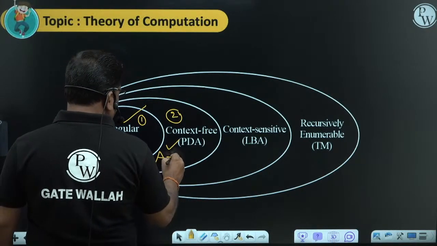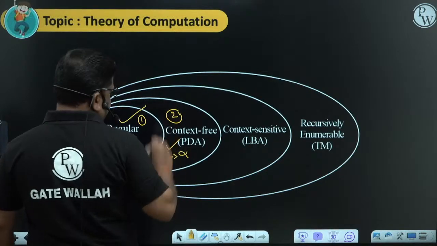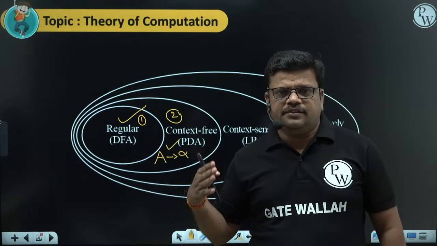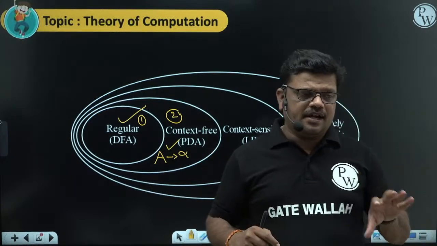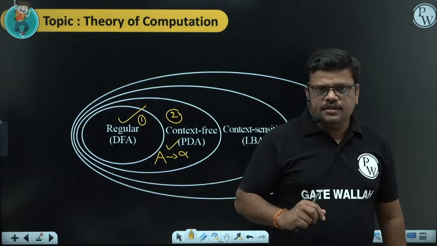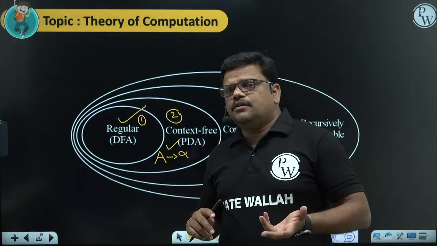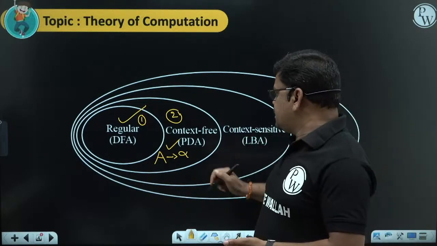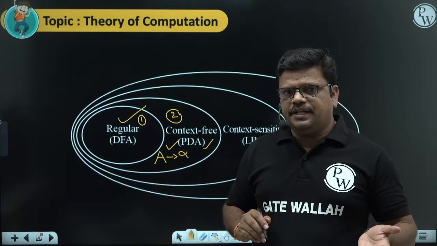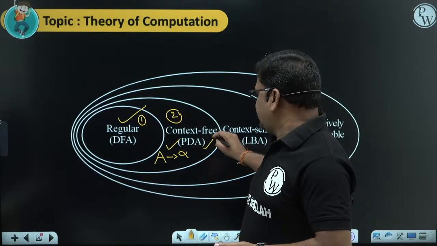Left hand side one non-terminal, right hand side can be anything. In any grammar, if on the left hand side only one non-terminal exists and the right hand side can be anything, that grammar is called context free grammar. So grammar we studied. Now in today's session we are studying its automata. In the next class we will study its language, context free language.